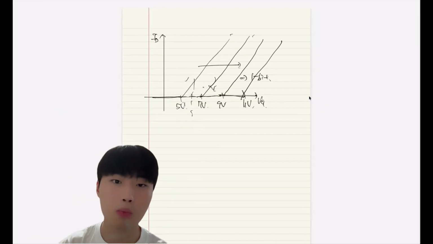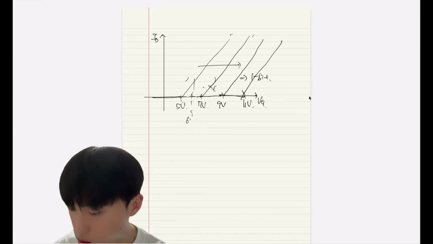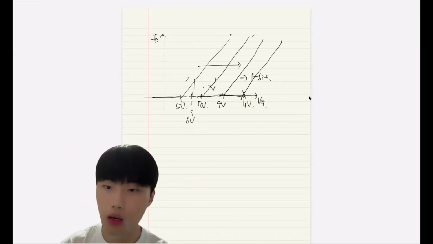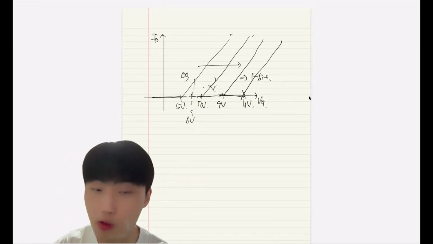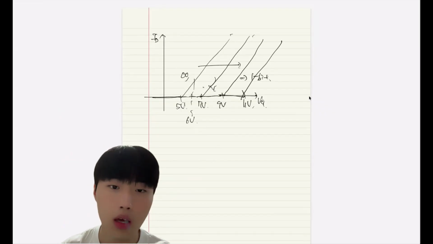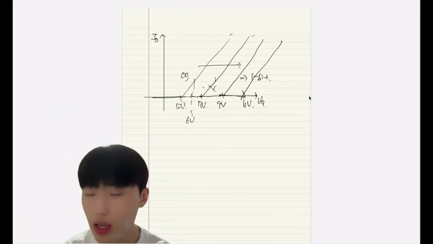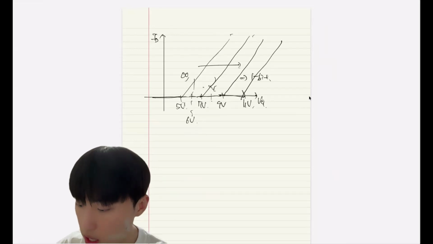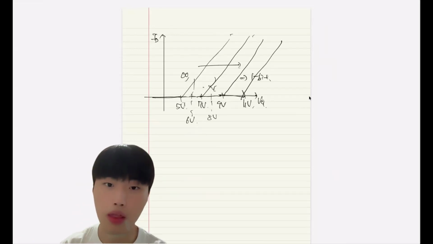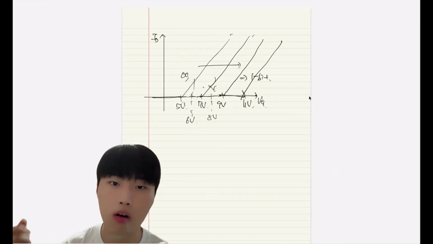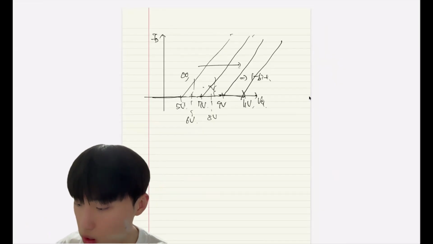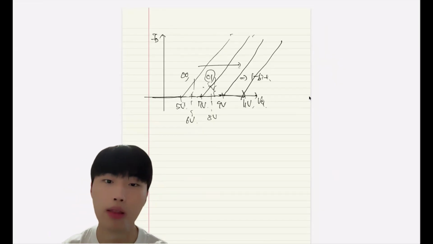When we have 6 volt on the gate side and there is current flowing, we will call this 0, 0. But when there is no current flowing, we then apply some 8 volt on the gate side, and when there is current flowing, the memory will be 0, 1.